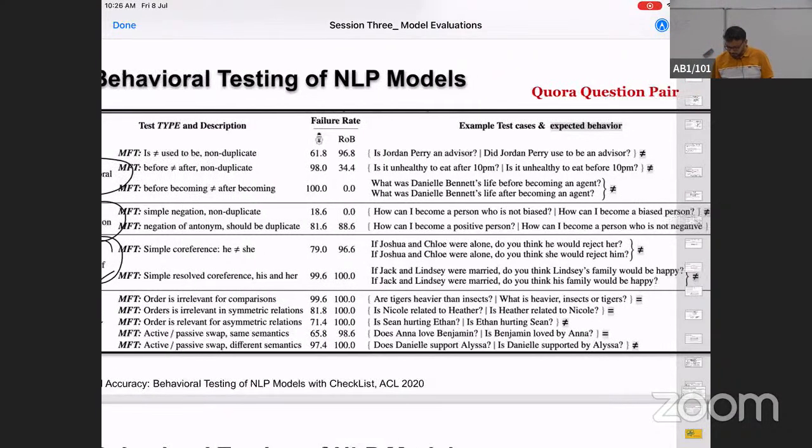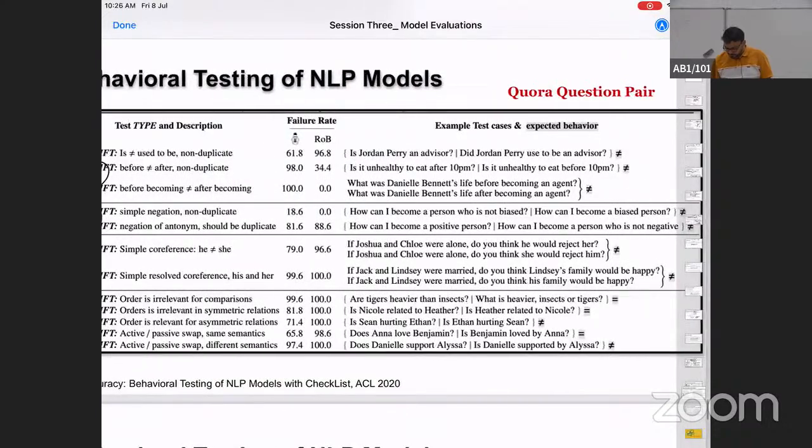So for that, what they do is they created some sentences, right? If Joshua and Chloe were alone, do you think he would reject her? This was my first question. The second question is, if Joshua and Chloe were alone, do you think she would reject him?